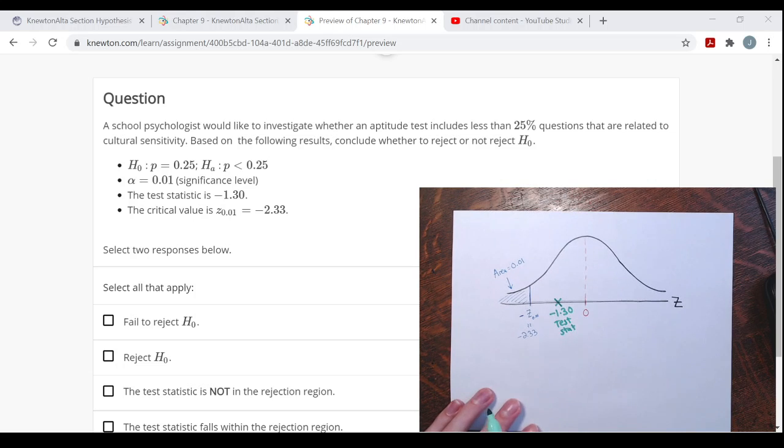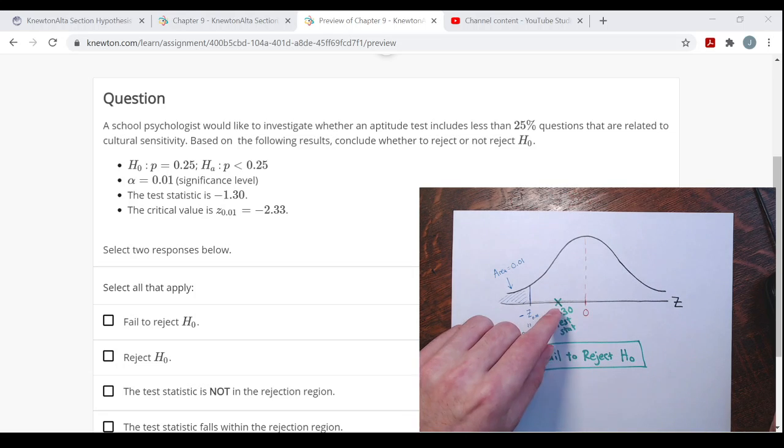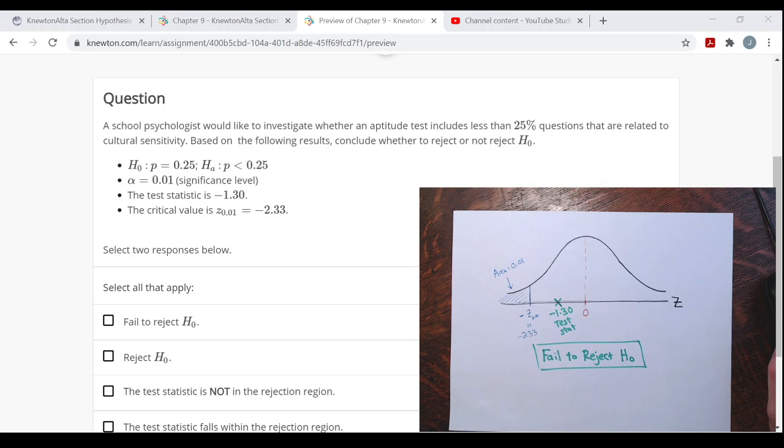So based on this evidence that they gave us, I would say that we're not going to reject the null hypothesis. We would fail to reject, do not reject the null hypothesis. Again, the reason for that is our test statistic is not in the rejection region.